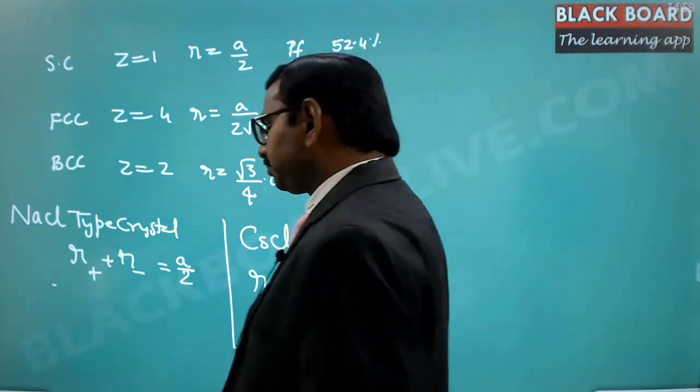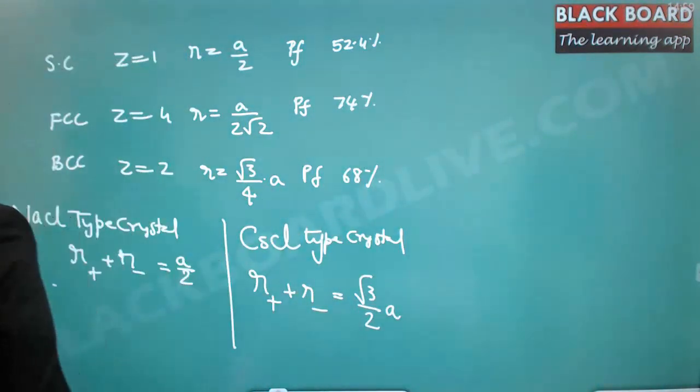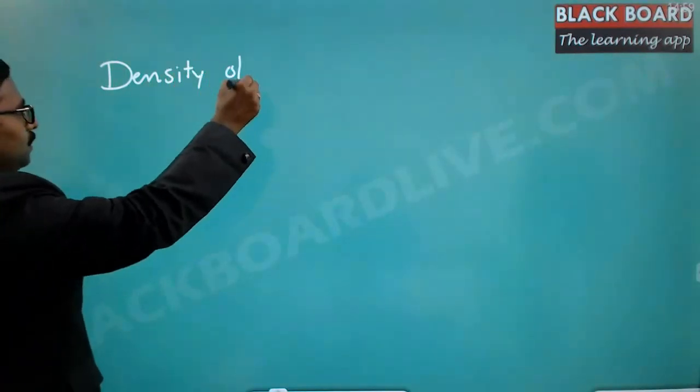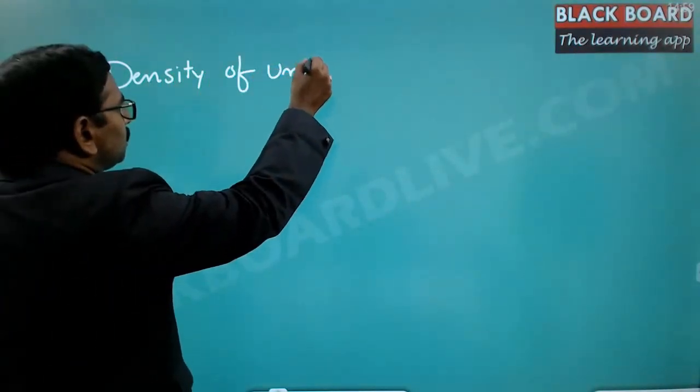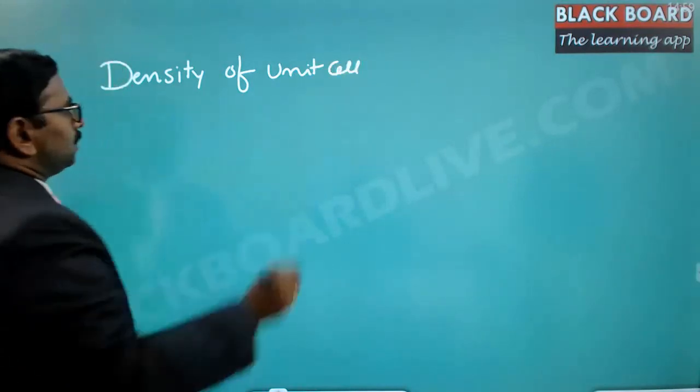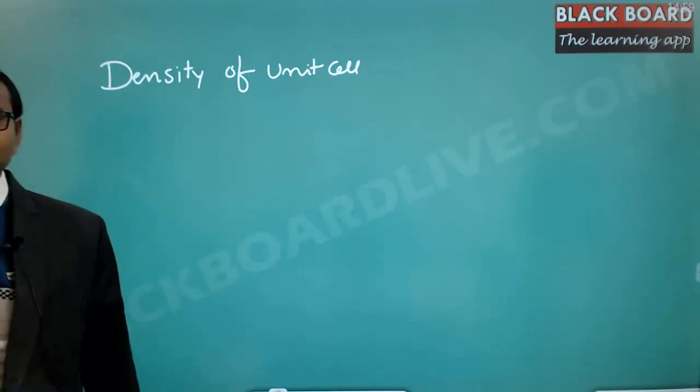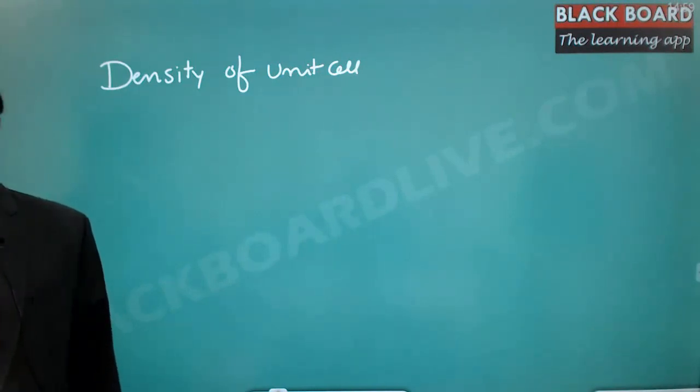Next, density of unit cell. What is the usual formula to calculate the density? Density is nothing but mass per unit volume, mass by volume.